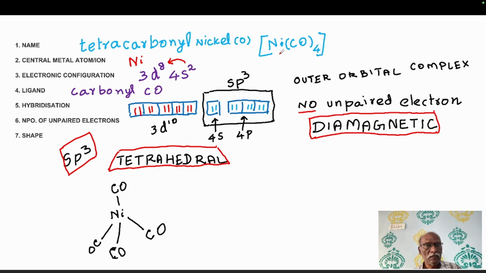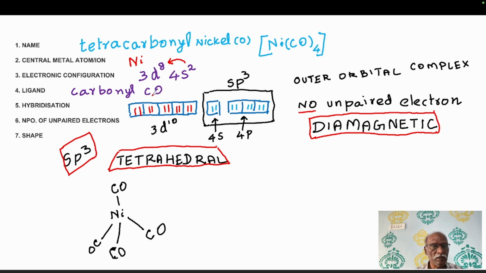The central metal atom, this is not an ion, is Ni, whose electronic configuration is 3d8 4s2. No electron is lost or gained, and therefore the neutral atom is 3d8 4s2. And what is the name of the ligand? Carbonyl, formula CO. It has no charge.